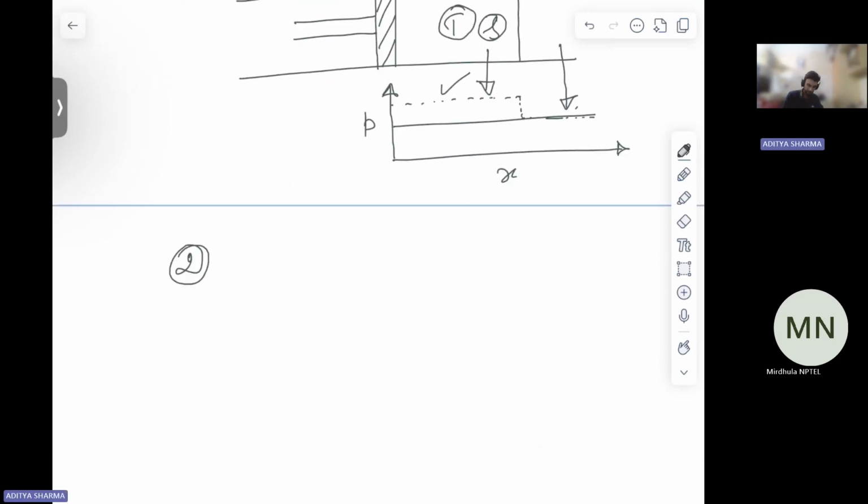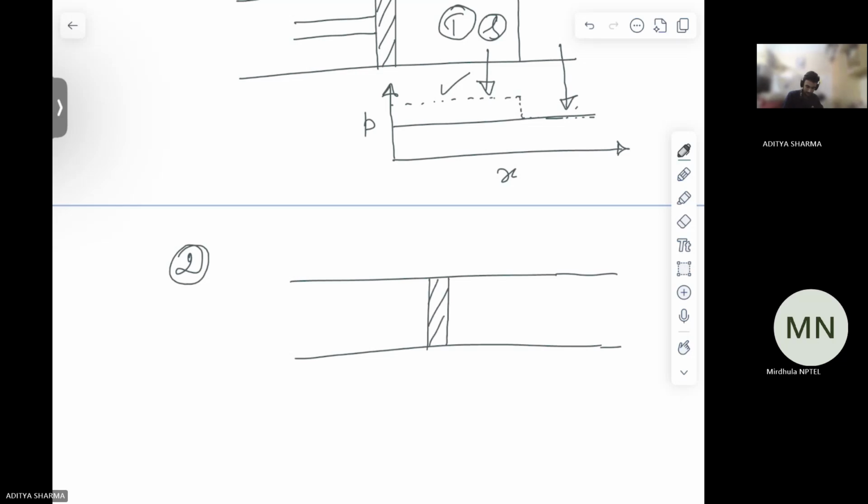Now what we do is we again let this piston move. We earlier had this compression wave from our first movement, right?